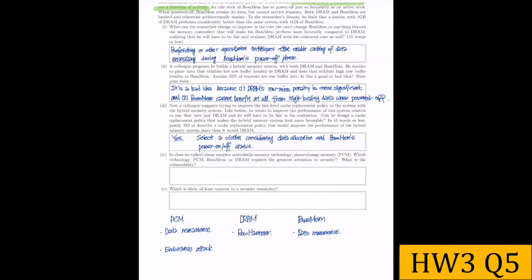So basically these questions 4 and 5 are open-ended questions. You would get full credit if you reasonably explain your thoughts based on an analysis of the security vulnerabilities of each memory technology.